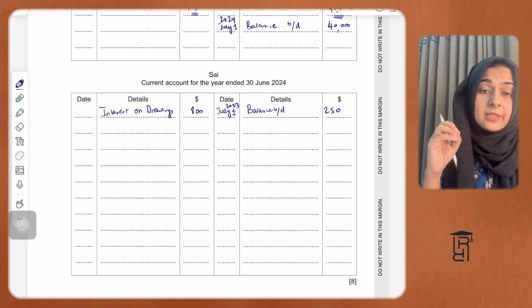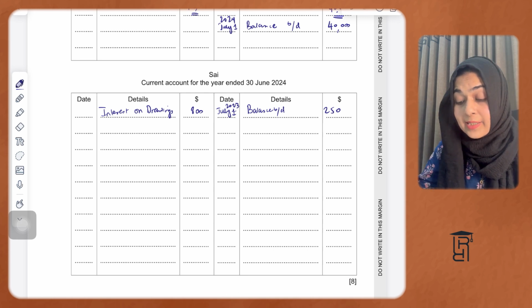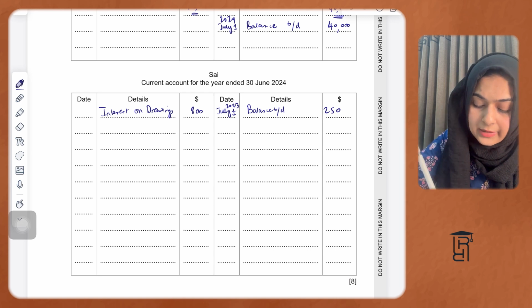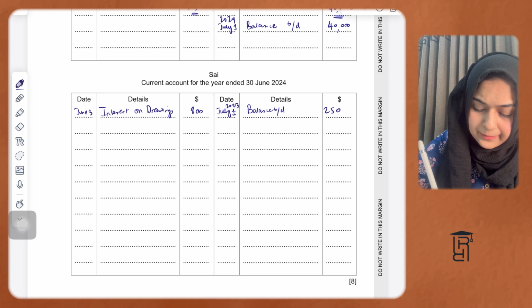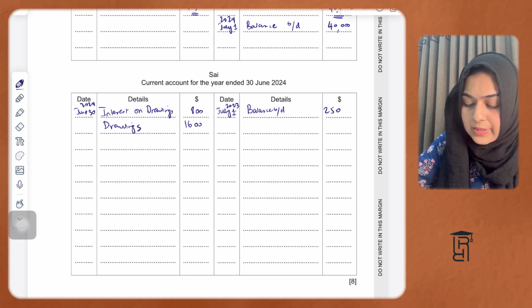Please avoid writing short forms. Even for balance brought down, write the full words. For interest on drawings, write the full thing. This will be June 30, 2024.